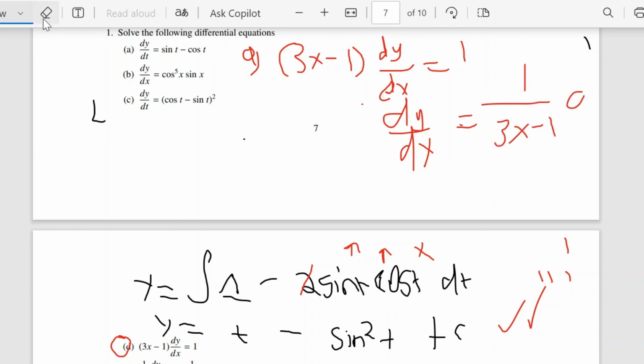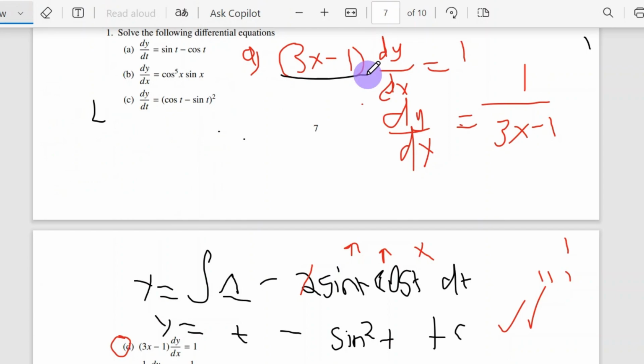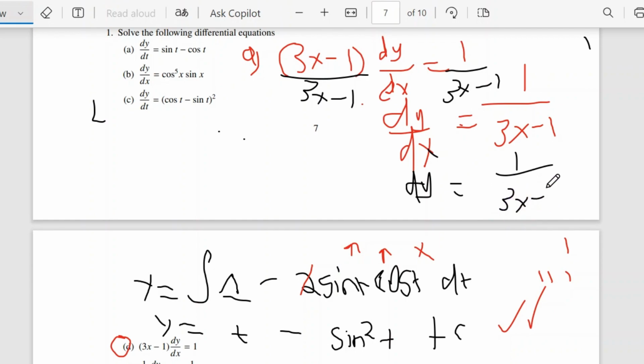So first things first, we divide both sides by 3x minus 1. So this is what we have. Then from there we do cross multiplication, then we'll have dy is equal to 1 over 3x minus 1 dx.